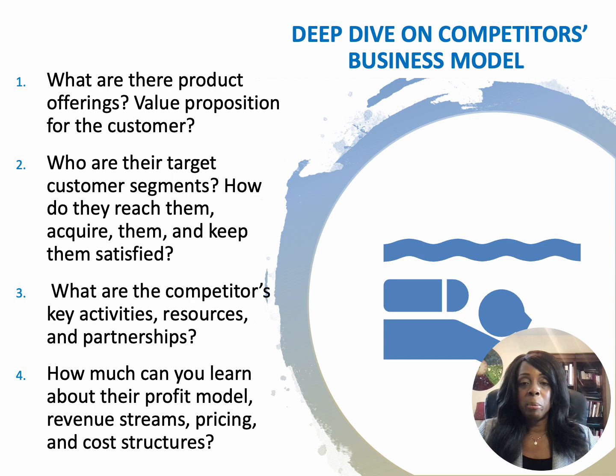And so we've got to be able to take a deep dive into our competitors' business model. Does our business model align, or is it a different business model? Because often when we do a SWOT, we look at why we need to improve.